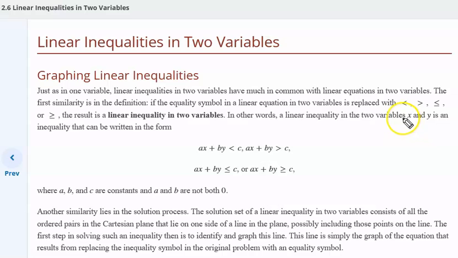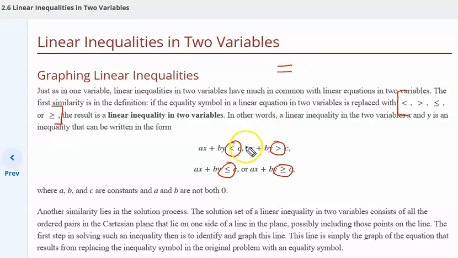And the key to all of this section are these inequality symbols that we see here. Here it's less than, greater than, less than or equal to, greater than or equal to. And the key to all of these, when we go to solve these inequalities, is that we start off by using an equation for the standard form of the linear equation in two variables.